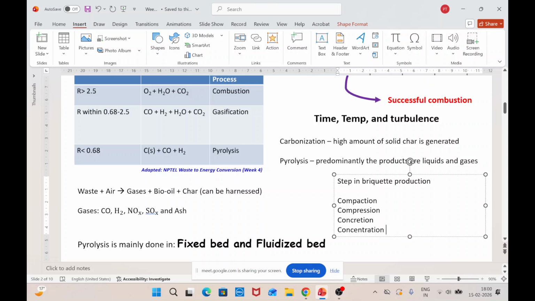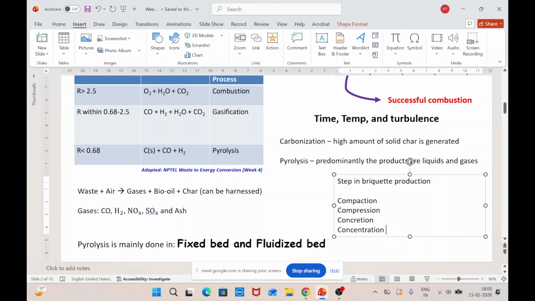Sometimes pressure alone is not enough, so you go for some sort of binder. The major role of a binder is to bind the biomass waste together, so that the interlocking is efficient and you can get high density.